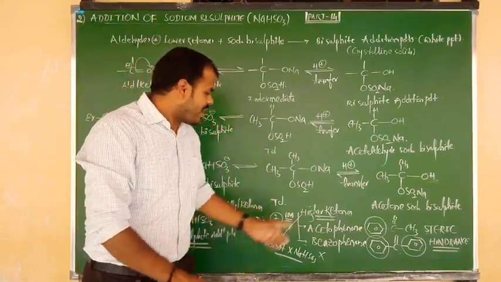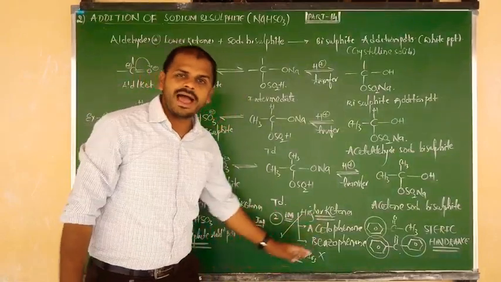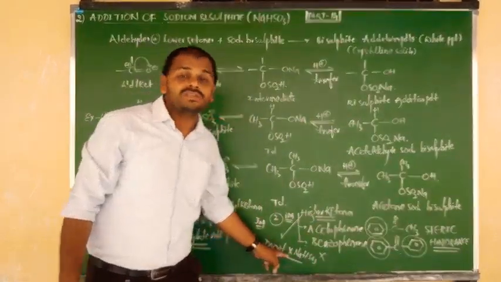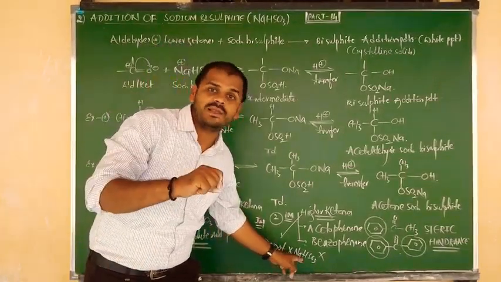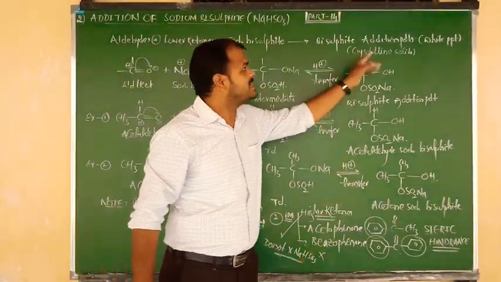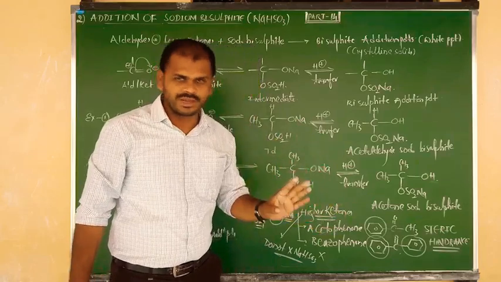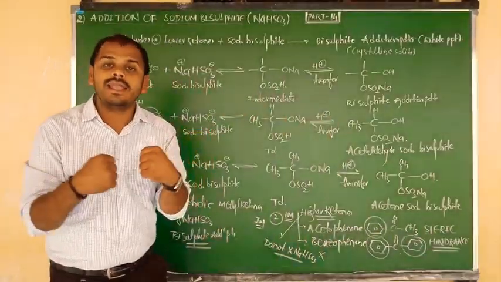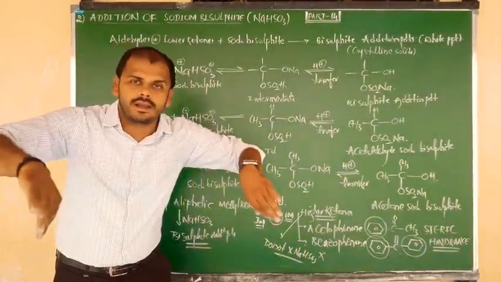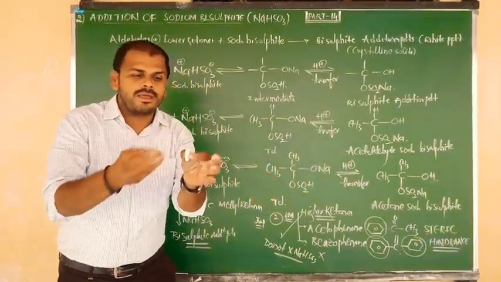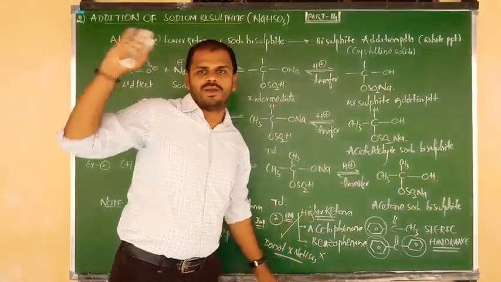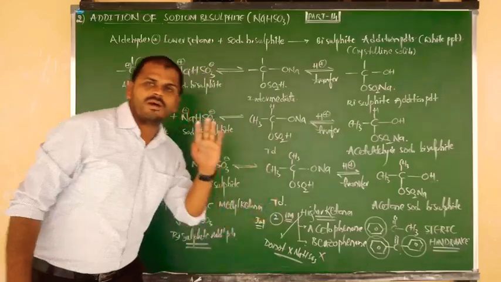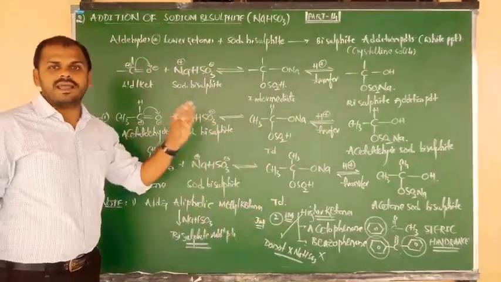So higher ketones such as acetophenone and benzophenone never undergo addition reaction with sodium bisulfite and do not form bisulfite addition products, because they have more steric hindrance. The carbonyl carbon cannot be attacked easily by the nucleophile. Story clear? This is a very important 1 mark question, and these reactions are evergreen.